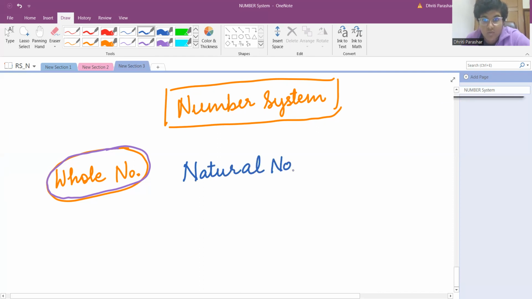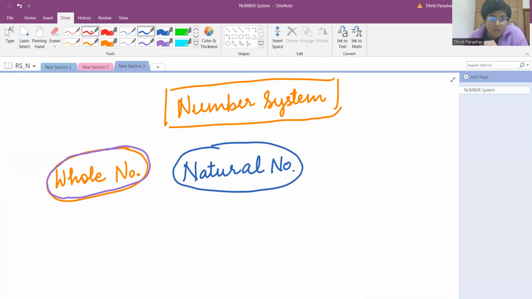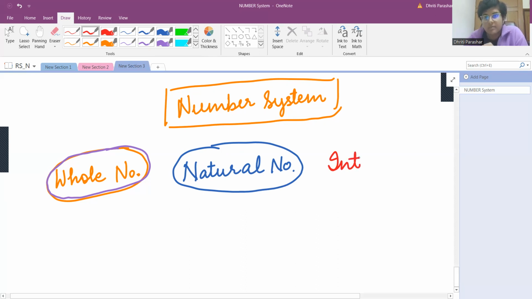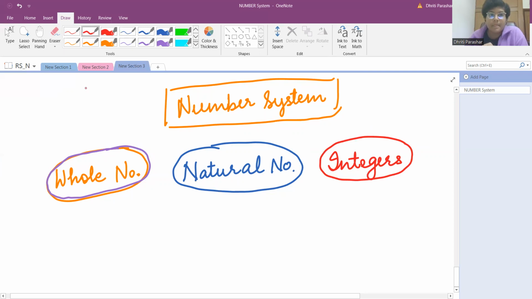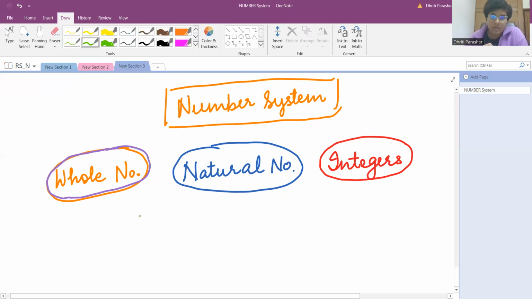Natural numbers. So natural numbers are basically the first type of numbers, and whole numbers the second ones. Natural numbers. Third, we have integers. Then we have rational numbers.